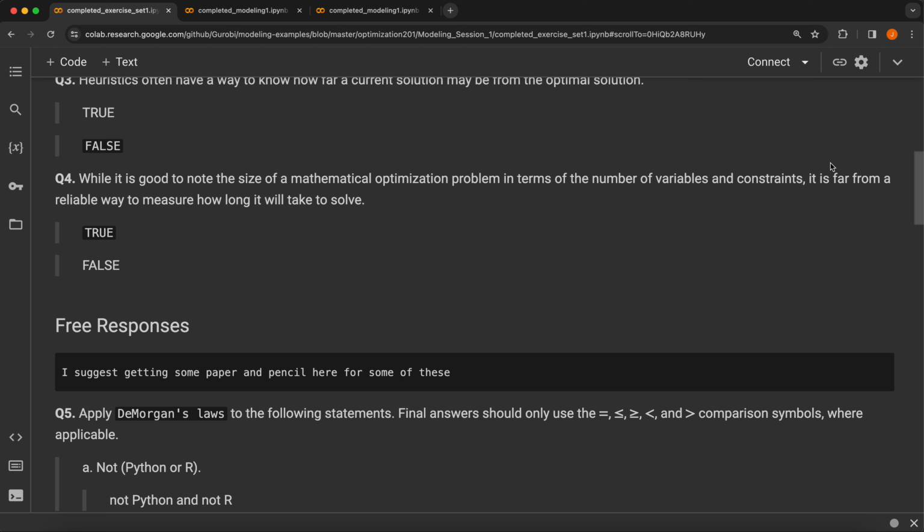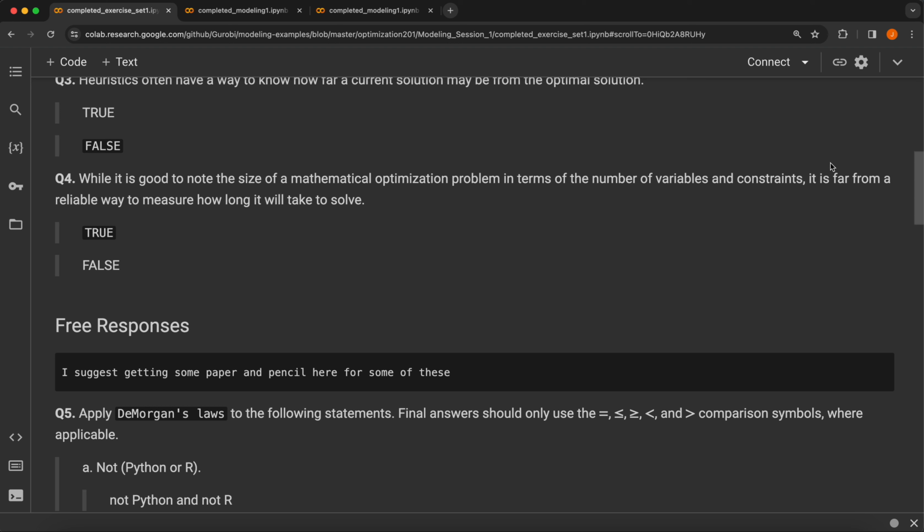So it really isn't a great indicator of how difficult a problem is to solve. There are other things that are more important, like the structure of the problem and the way that it's formulated.